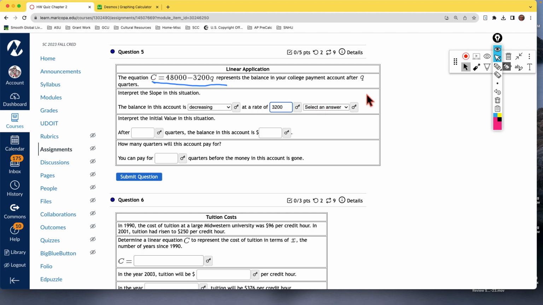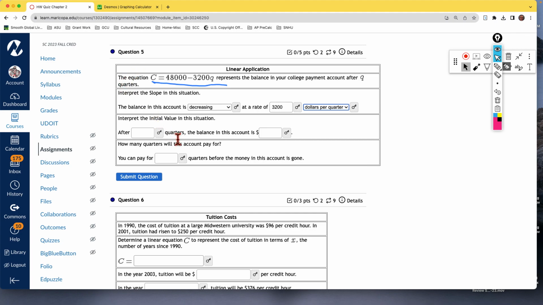That's the negative. And what is it? Oh, they want us to have units. Well, they didn't really tell us. If we're in Europe, maybe it's euros per. But it's per quarter, right? So it's dollars per quarter. That's how much it's costing us.